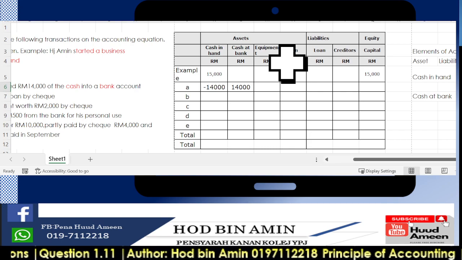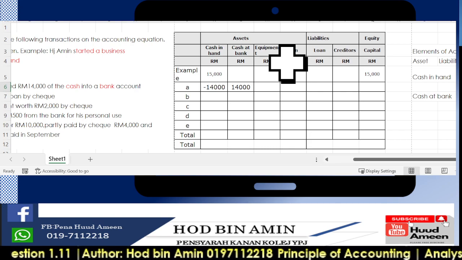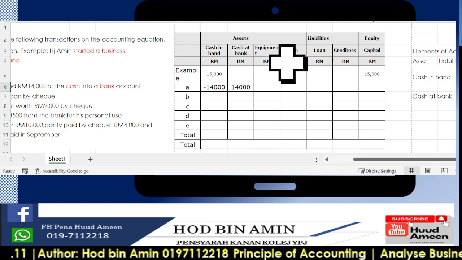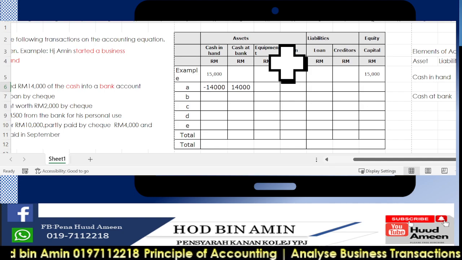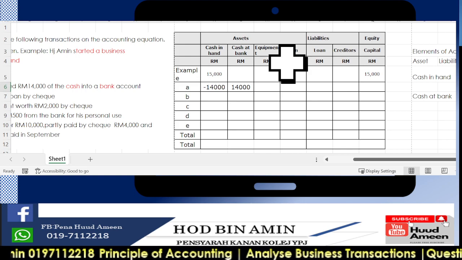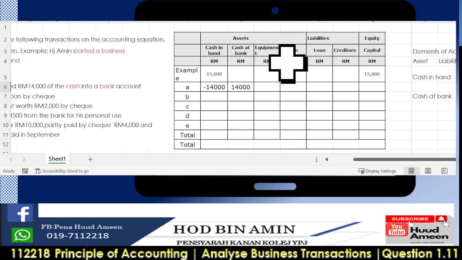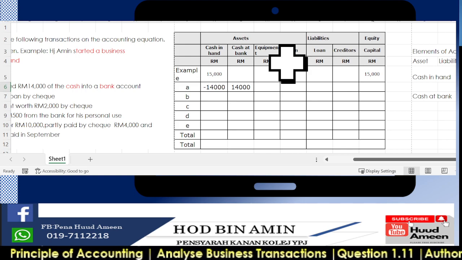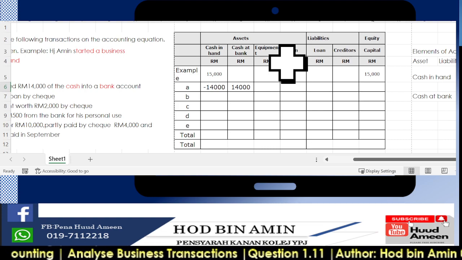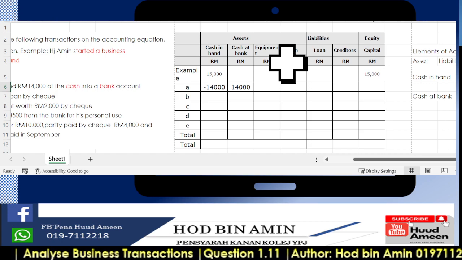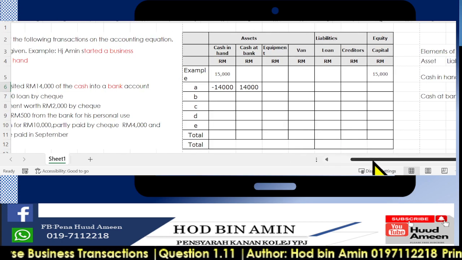Then you just pull out, for example, your cash in your wallet deposited into the bank. Then your cash in wallet will decrease. Alright, decrease, we use the negative sign. So settled for question A.